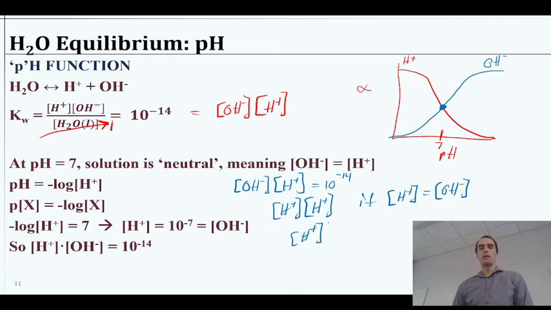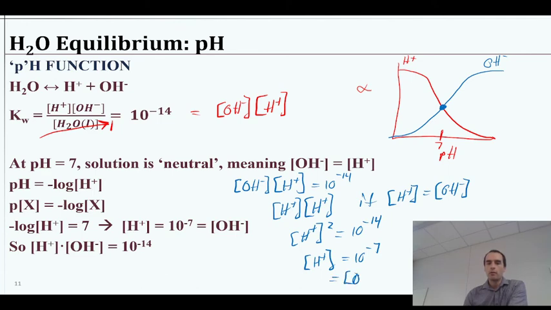We could do OH minus squared, doesn't matter, equals 10 to the minus 14th. And the solution to that is H plus equals 10 to the minus 7, just taking the square root like that. And that means that's also equal to OH minus because we're looking at the case when they're equal.